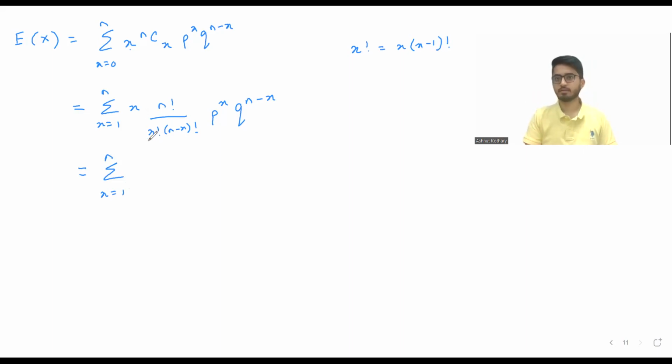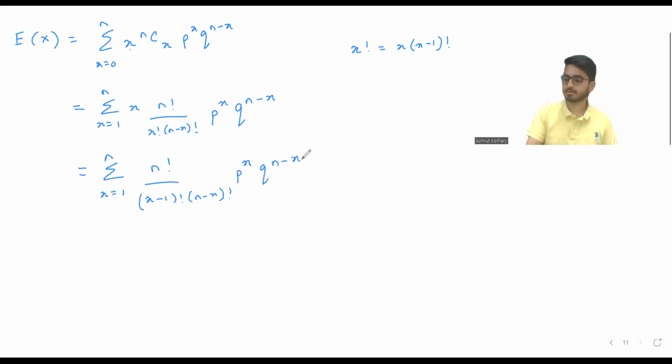So this x factorial is x into x minus 1 factorial. x and x will get cancelled out. I'll be left with what? n factorial over x minus 1 factorial n minus x factorial, p to the power x q to the power n minus x. Now see what I'm trying to do. n factorial I can also split as n into n minus 1 factorial, and I will also explain why I'm particularly doing this manipulation here.